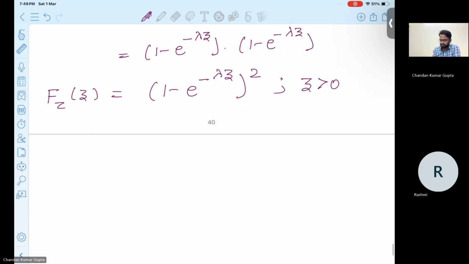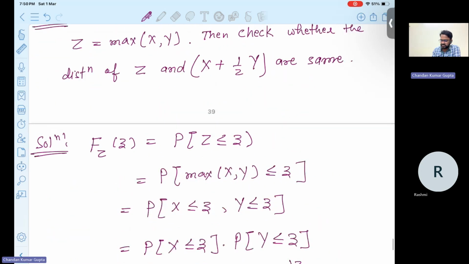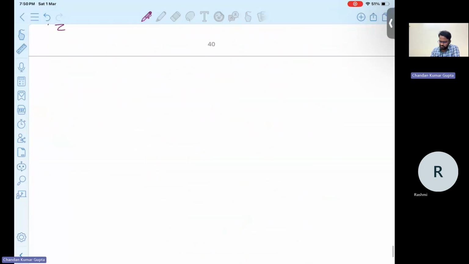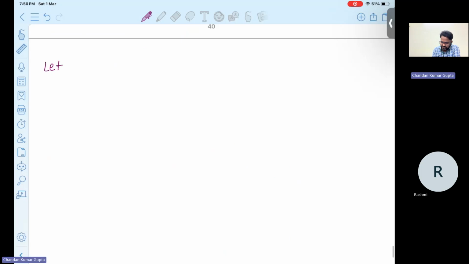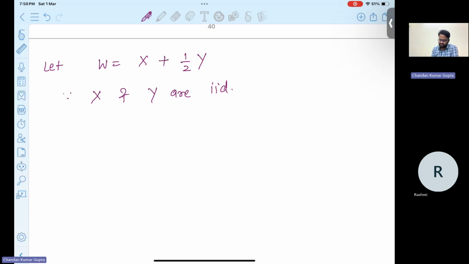Now we need to find the CDF, or the distribution, of X plus half of Y. Let W equal X plus half of Y. Since X and Y are IIDs, the joint distribution of X and Y is lambda e to the power minus lambda x, times lambda e to the power minus lambda y.